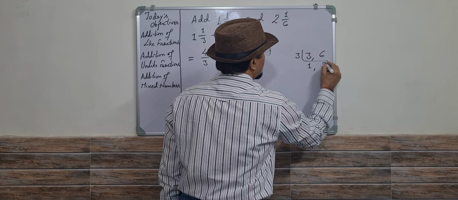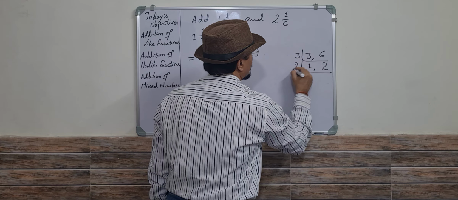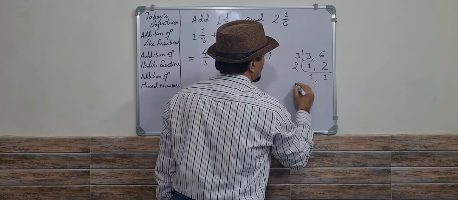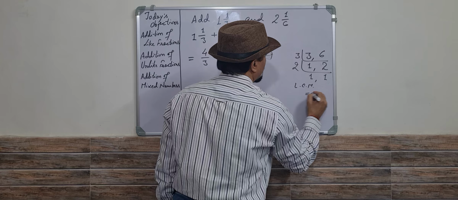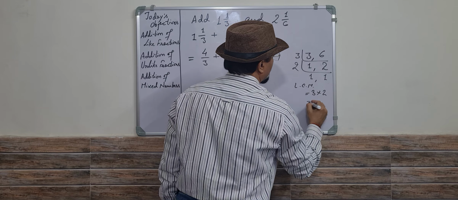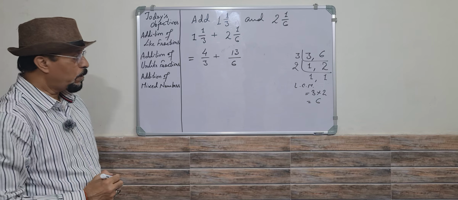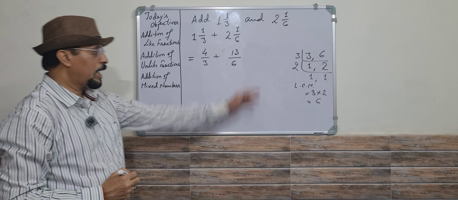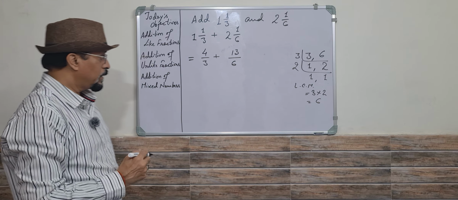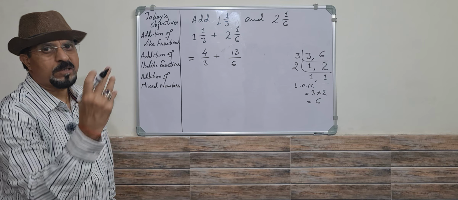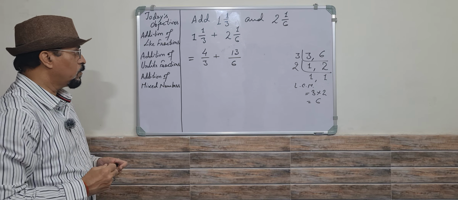3 1s are 3, 3 2s are 6, 2 1s are 2. LCM equal to 3 into 2, which is equal to 6. That means we have to make the denominator of these two numbers 6. Now let me tell you another shorter method by which you can do this.